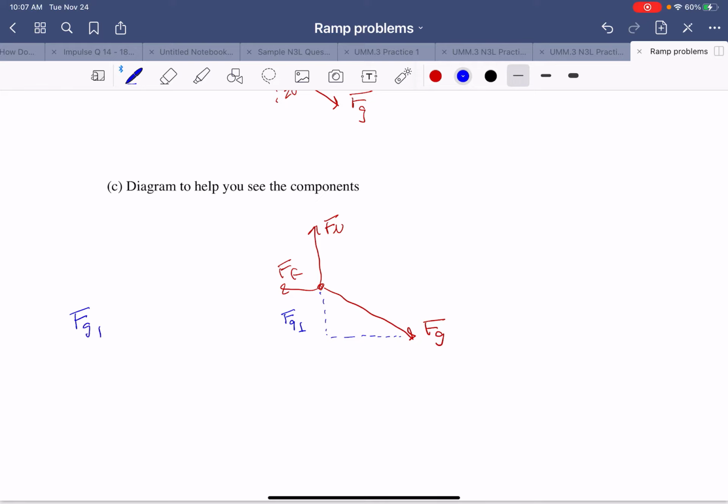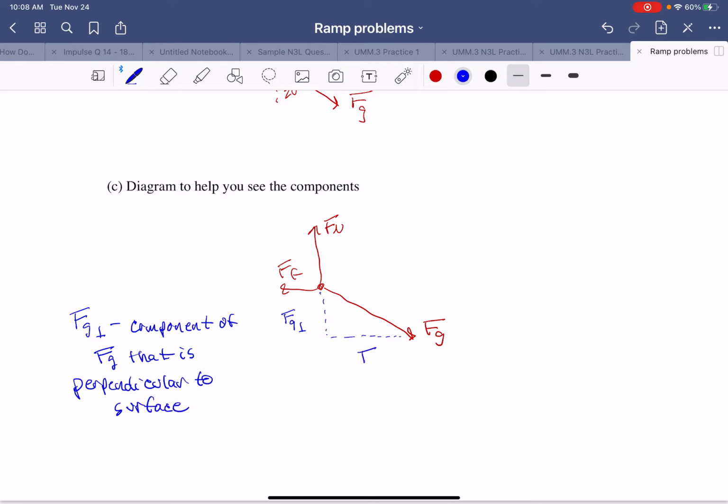So Fg perpendicular is the component of Fg that is perpendicular to the surface, the ramp in this case.